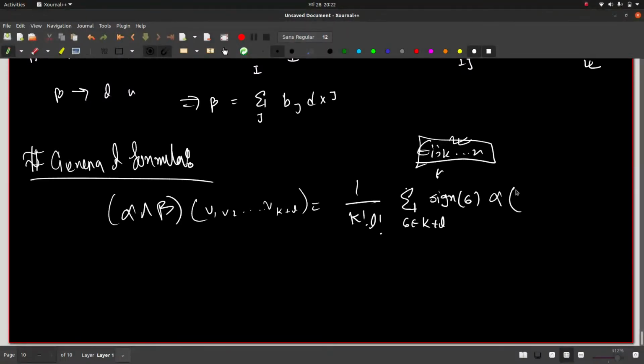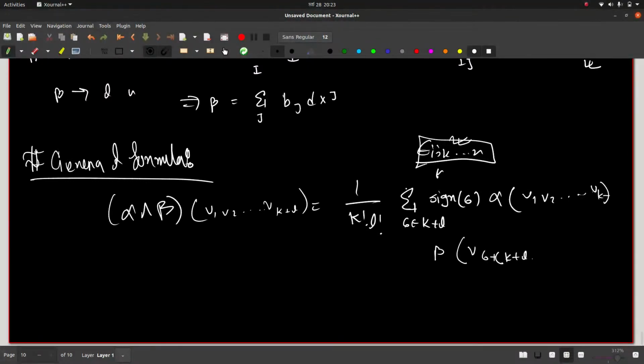Then you have this alpha, the differential form which will act upon these vectors, which is again just taking the projections, times beta of v sigma.